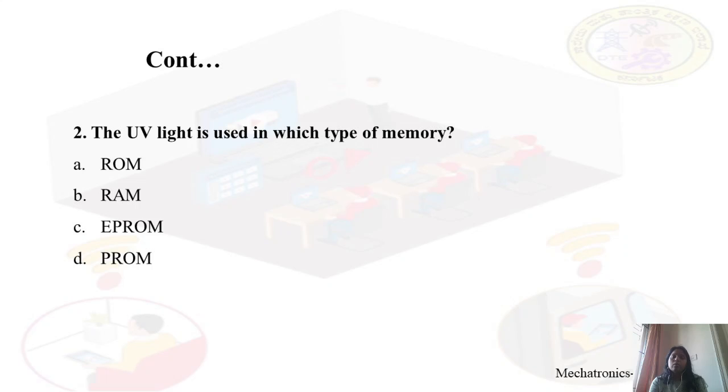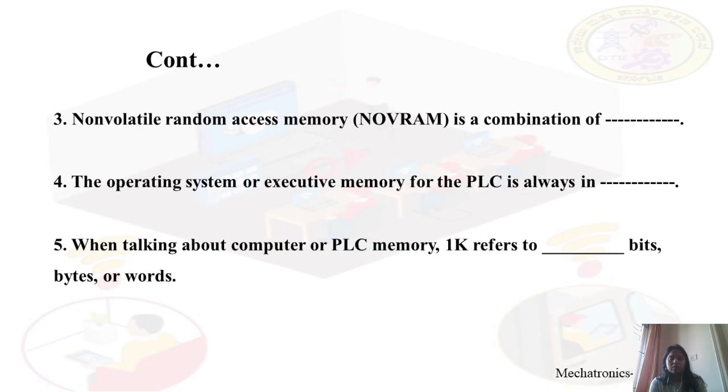It is EPROM, the erasable programmable read-only memory. EPROM is the answer. Next question. Non-volatile random access memory, NOVRAM, is nothing but your flash memory. It is a combination of double EEPROM and RAM. Understood? Double EEPROM and RAM.